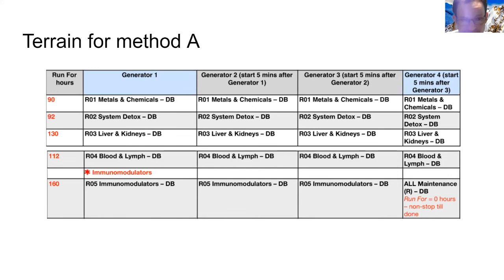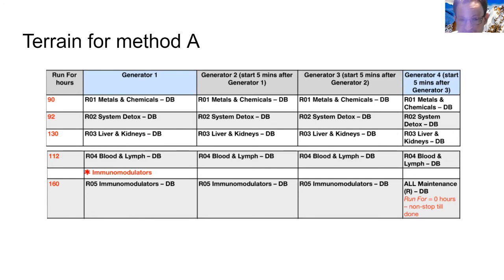For the first 90 hours, remote preset 1. Second section is 92 hours, as it says on the left-hand side. Remote preset 2 on all 4 of them, or all 2. Next one, 130 hours, as it says on the left-hand side.